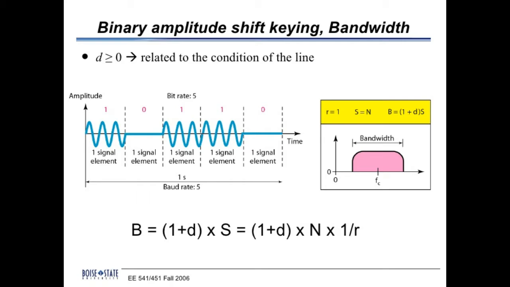The formula to calculate is B equals 1 plus d times S, and S equals N times 1 over r. I will show you how to calculate using the formula later.